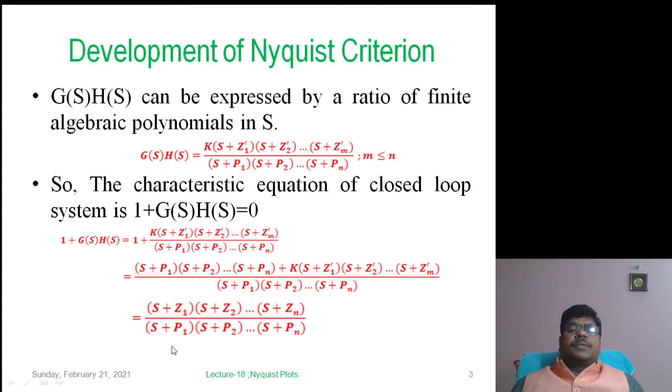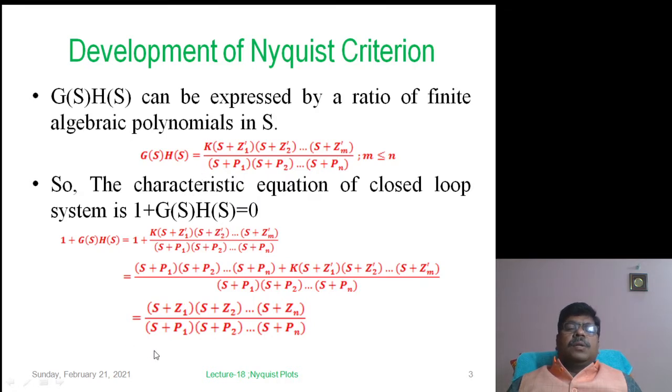After simplification, 1 plus G(s)H(s) is a ratio of numerator polynomial to denominator polynomial, means zeros to the poles. So, what is common, whether it is the open loop transfer function or the closed loop system?